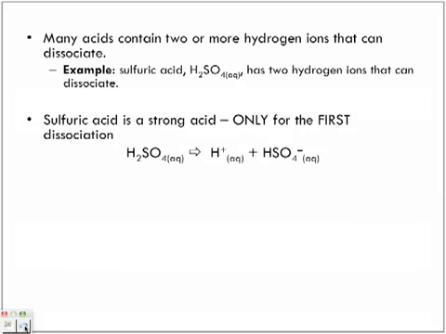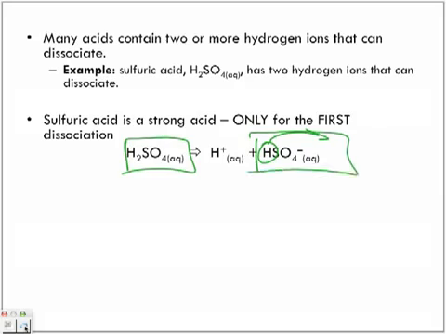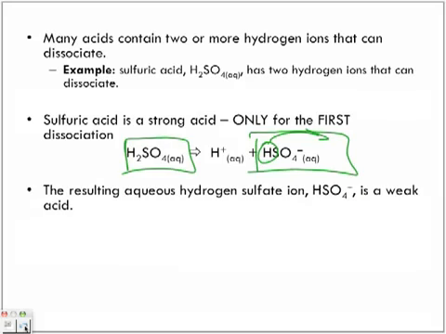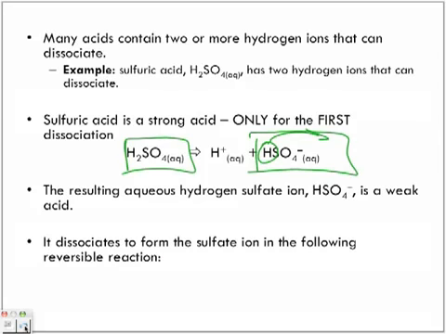So we can still remove this hydrogen and give it off to another water molecule, forming another hydronium ion. The only thing is, now this first step is the strong acid, but when we dissociate this one, it's considered a weak acid. The resulting aqueous hydrogen sulfate ion, HSO4, is considered weak.